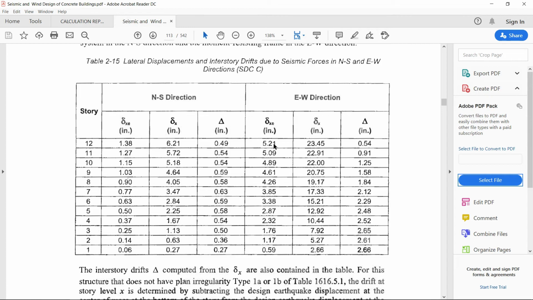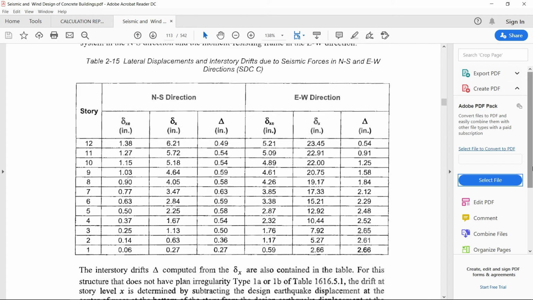This is the point where I feel that although STAAD asks for cracked properties of the beams and columns, when it calculates the deflection it does not use them. So it's not very reliable for concrete structures. I will not recommend using STAAD for concrete structures if the building is in seismic category C or D. E and F are out of the question, forget that.